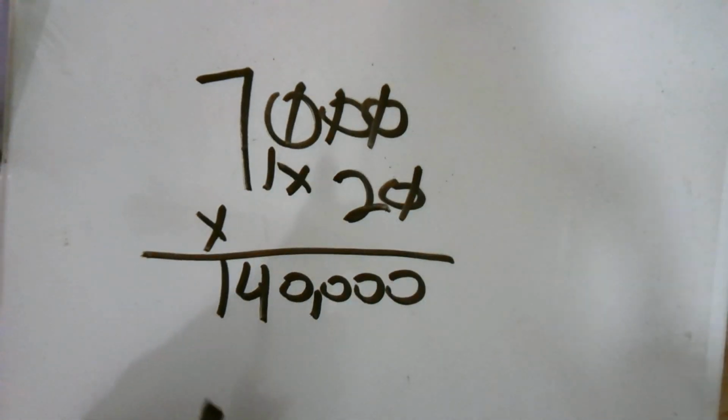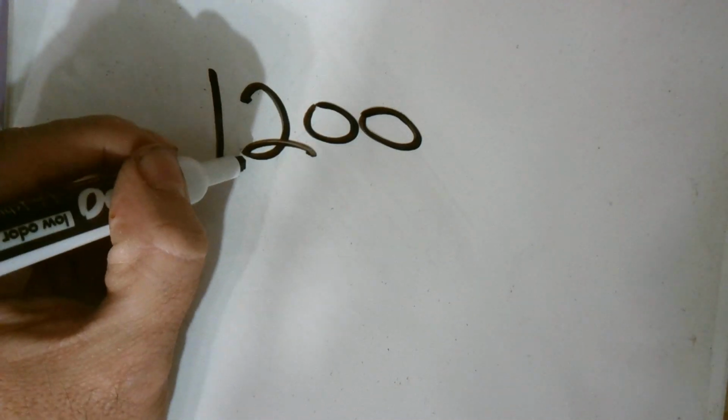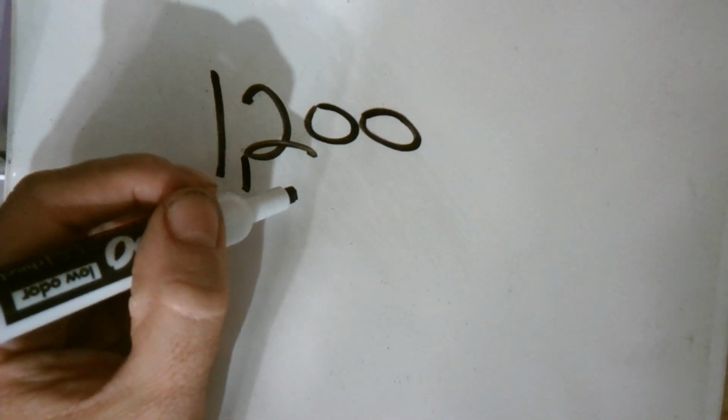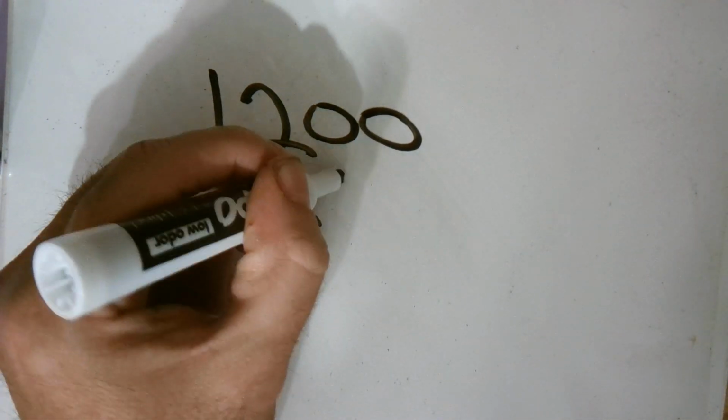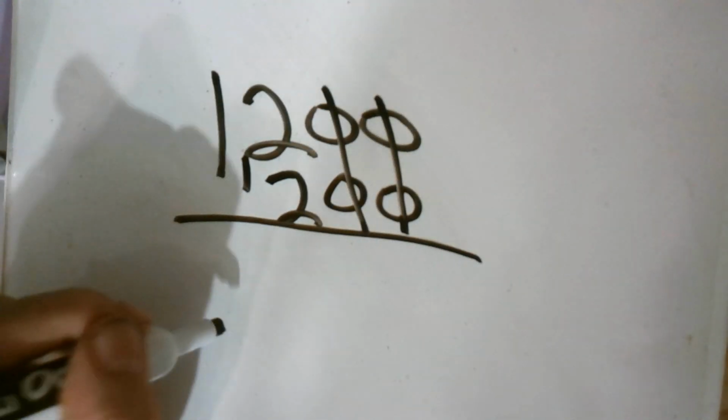Knowing that multiplication is going to be the most difficult thing. But I mean, it's not as hard as it would appear. So even if I have the number 1,200 times 200, I take out the zeros.